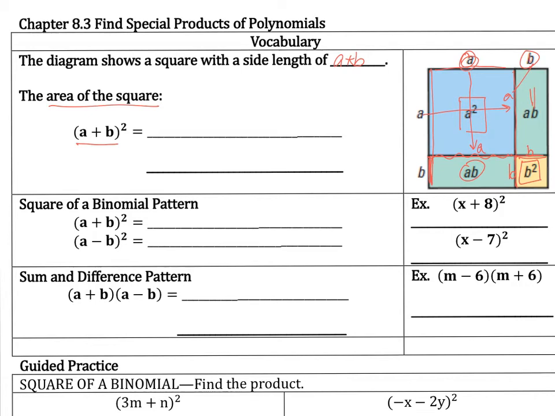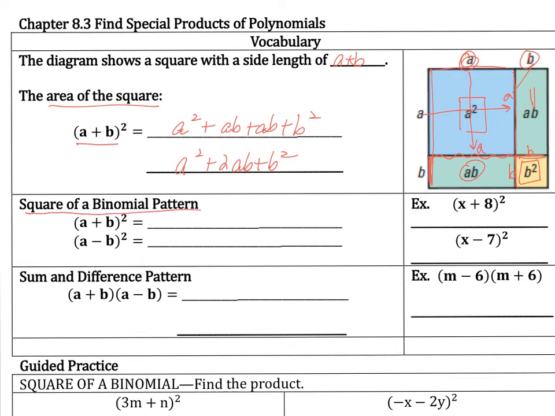So then we can write the area of the square as a squared plus ab plus ab plus b squared, which then makes a squared plus 2ab plus b squared. And now we get this pattern, which we call the square of a binomial pattern.